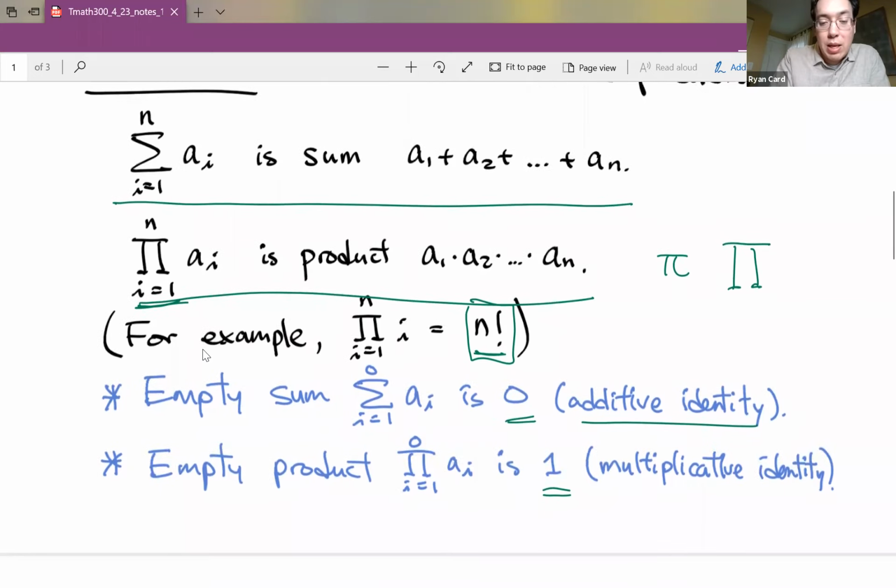If you don't multiply anything, you should get 1, because 1 is the multiplicative identity, right? If you had started with 0, then if you multiply any number into 0, you stay at 0, so you always get 0. But if you start with 1, when you multiply in other numbers, a1, a2, and so on, you'll get the product you expect. So the empty product starts at 1, so that's a thing that you should know.